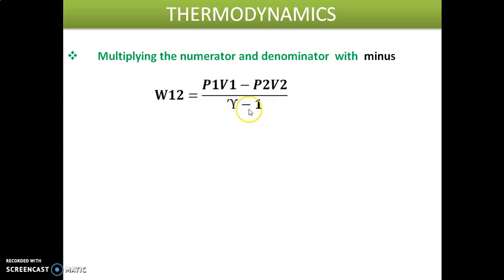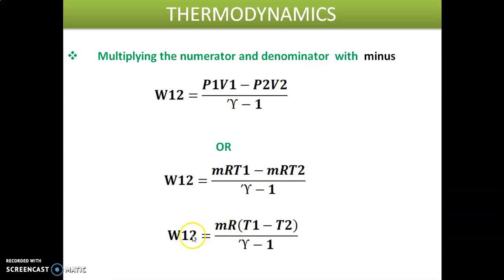So this is the total work transfer in the adiabatic process. Or we can write it as, already we know the gas law, PV is equal to MRT. So P1V1 is equal to MRT1, and P2V2 is nothing but MRT2, divided by gamma minus 1. Here MR is the common term, put it outside.